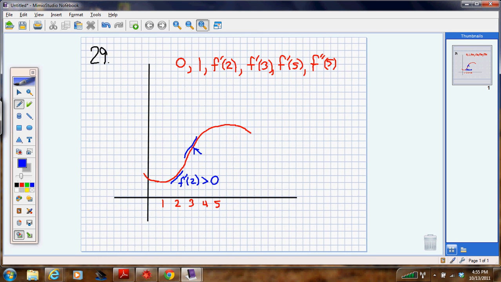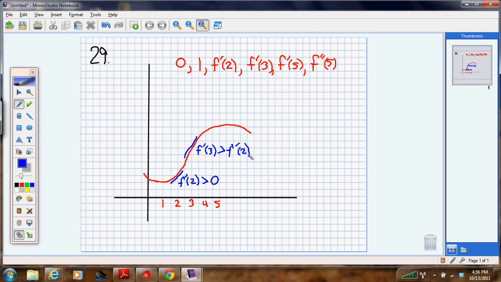I should probably just delete that. I don't like that arrow. We can see from there that f prime of 3 is also greater than 0. And if you look in the book, f prime of 3 is greater than f prime of 2 because the slope is steeper at 3 than it is at 2.